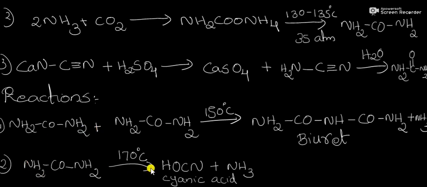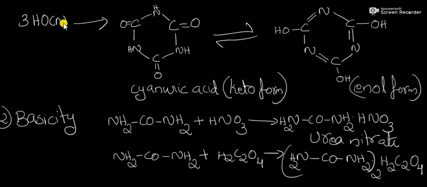Then another reaction: when rapidly heated to 170 degrees Celsius, urea yields cyanic acid. This is the formula of cyanic acid, OH C triple bond N, that is our cyanic acid, and ammonia. Then cyanic acid polymerizes to cyanuric acid, which exhibits keto-enol tautomerization.